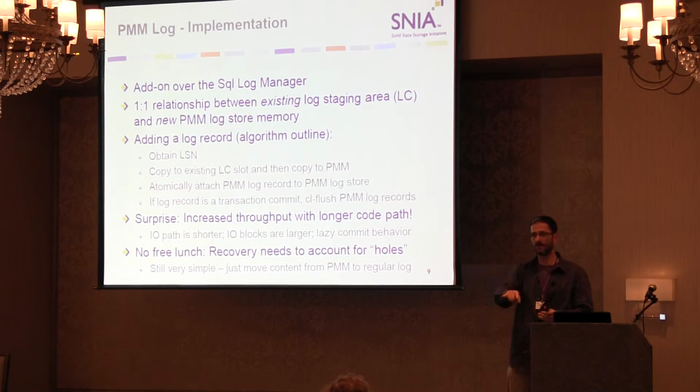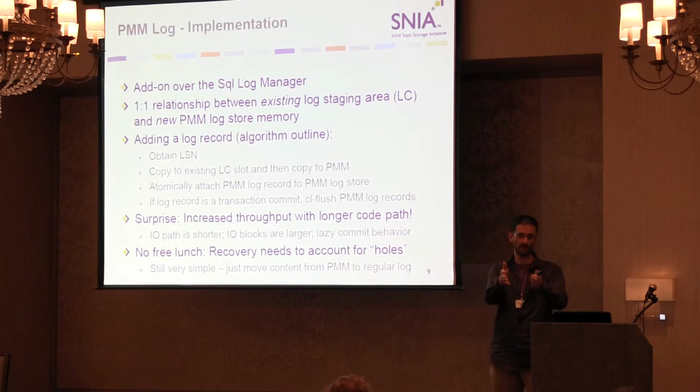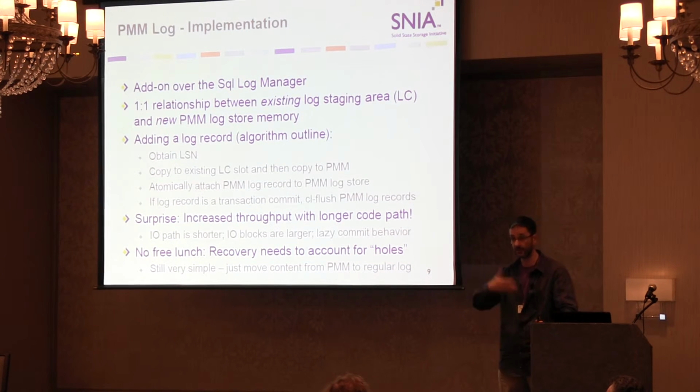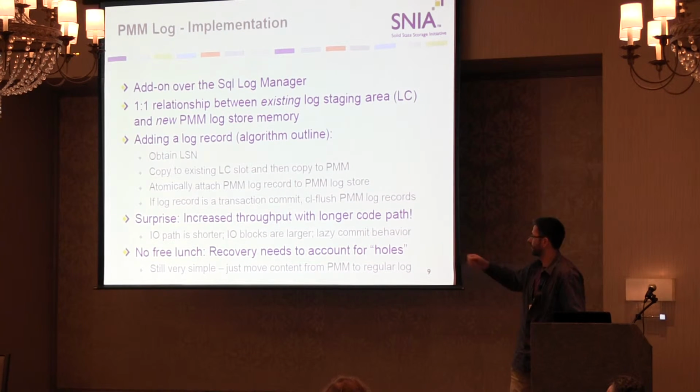So although you copy the IO content in two places, in DRAM and in PMM, your trips down the OS stack are always full size, which is better for everybody, including the efficiency of the entire IO stack. Right? So that's why the IO path is shorter, and the IO blocks are larger.